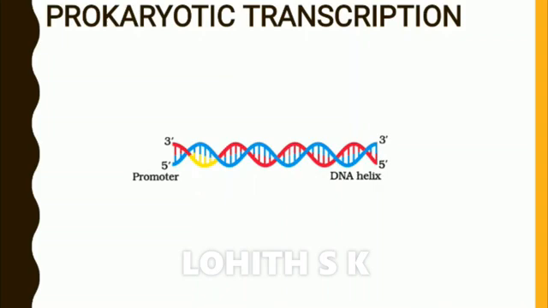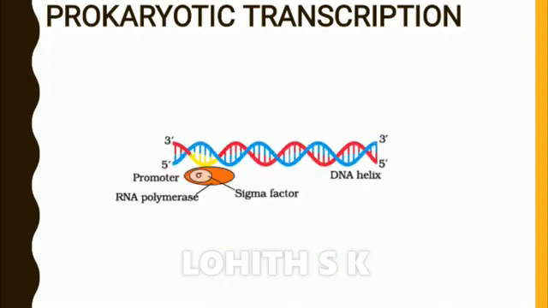Among these two DNA strands, the parental strand with the polarity 3' to 5' acts as the template. The other parental strand with the polarity 5' to 3' is known as the coding strand. The coding strand is not involved in transcription, but the template strand directs the synthesis of RNA, so it acts as a master DNA strand.